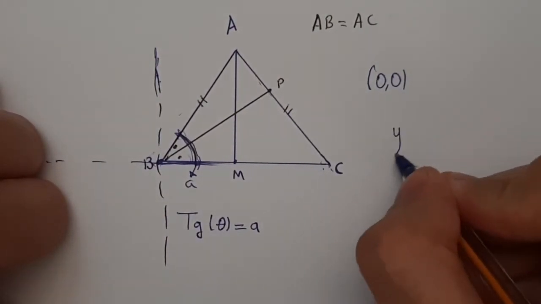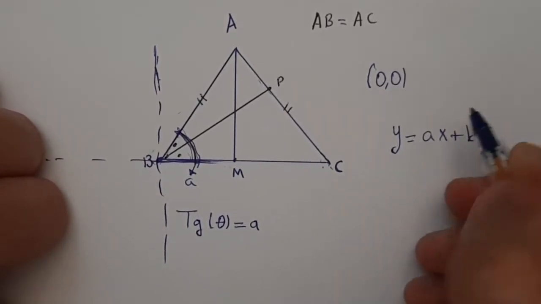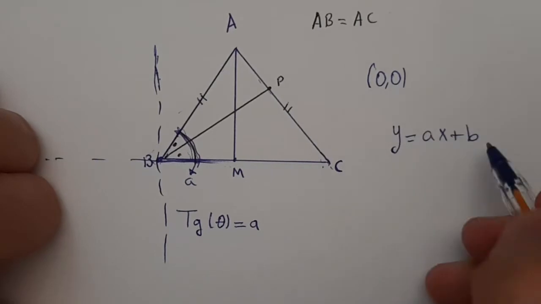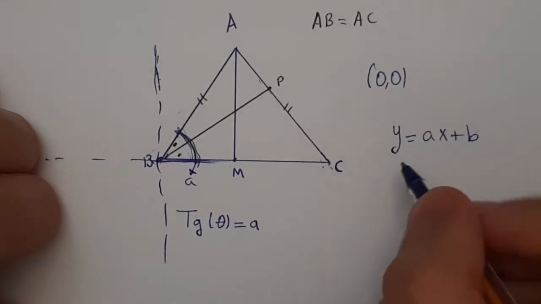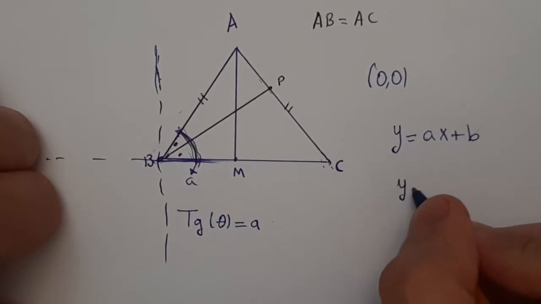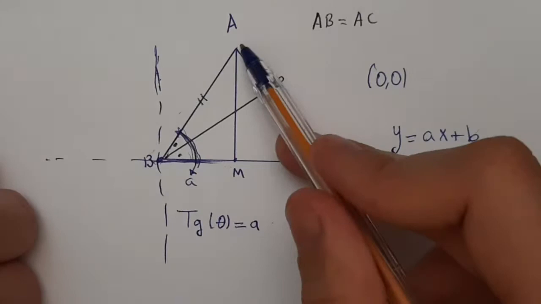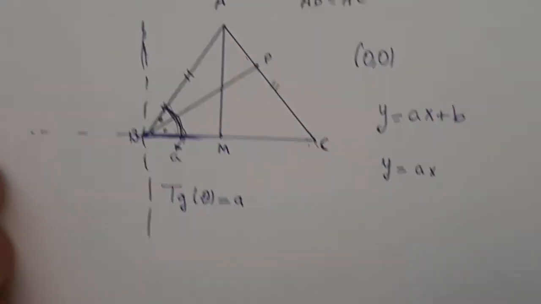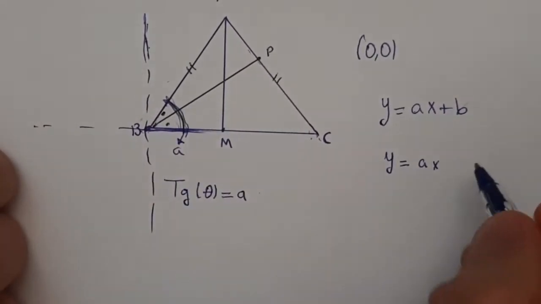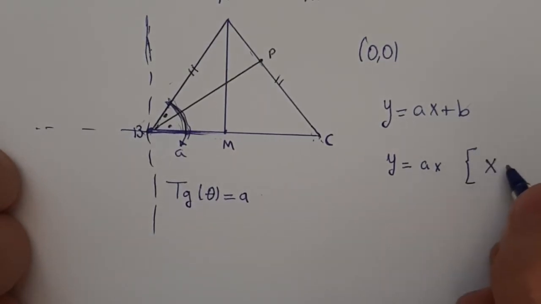So if I know that a line is y equals ax plus b, now notice it goes through the point 0, 0, so b is 0, right? And a is a. So we'll have that y is equal to ax. So this is our line over here. But I want to make a condition, okay? What condition am I making? For x smaller or equal to m.